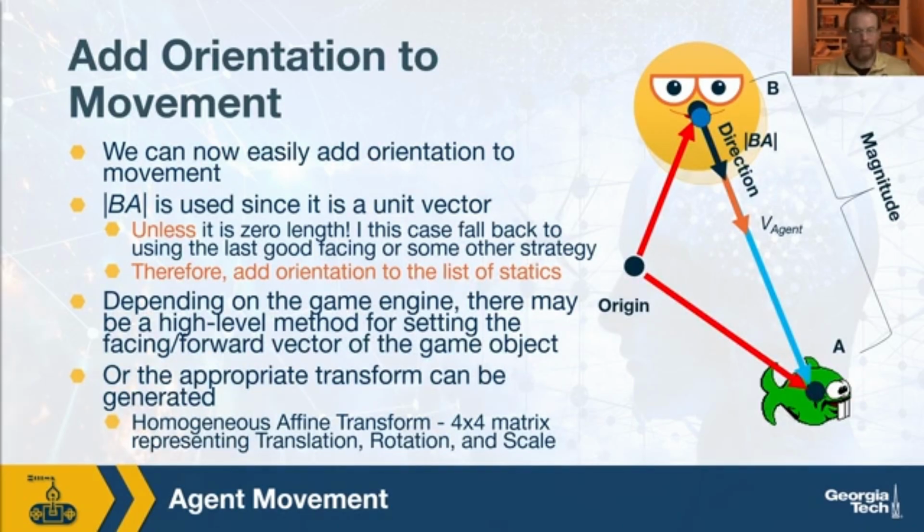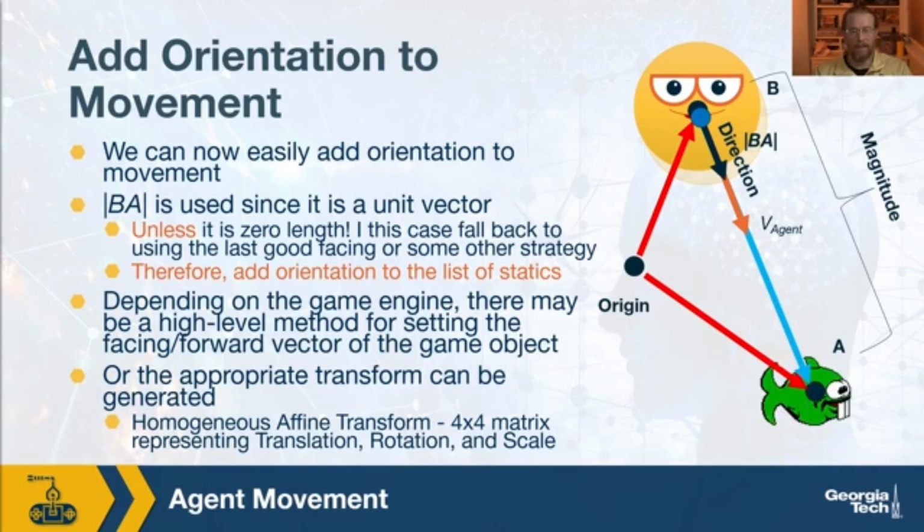All right, so we can add orientation to movement now. And really all we need to do is use our normalized BA vector, and that will tell us the orientation to face. But that only works if BA was not 0 length. So we actually need some fallback logic. What do we do if it is 0?